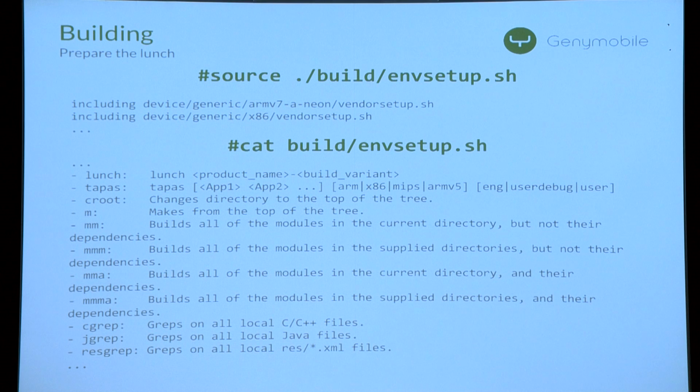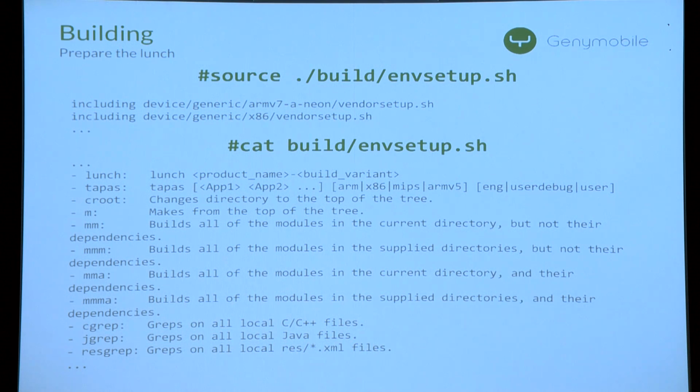You have some interesting comments at the beginning. It's declaring a lot of interesting tools. And even if you won't build Android anymore, maybe you can take some of them, like cgrep or ggrep, which look for a string in all your C++ or Java files. It can be interesting anyway.